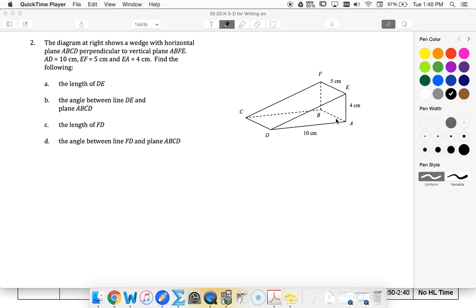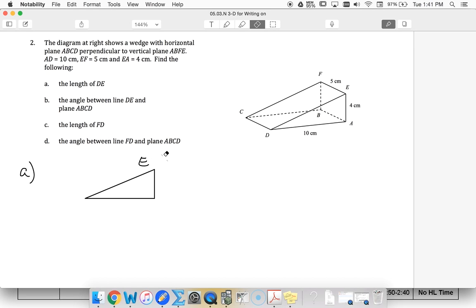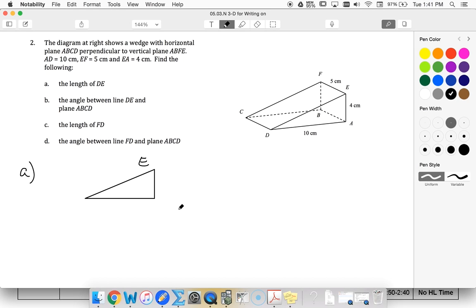Well, DE is on this front triangle. So I can see that with that front triangle, I've got something like this, and I've got E, A, D, 10, 4.